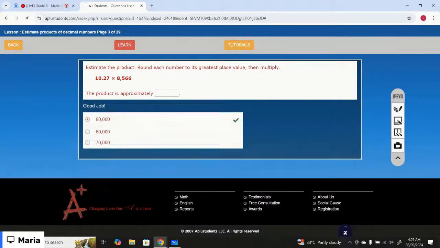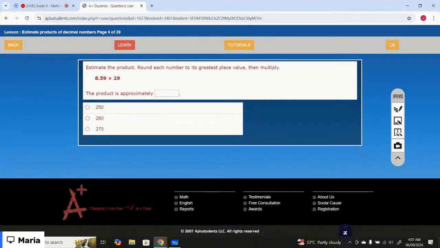Okay, the next one is 8.59 times 29. So, which is the correct option?